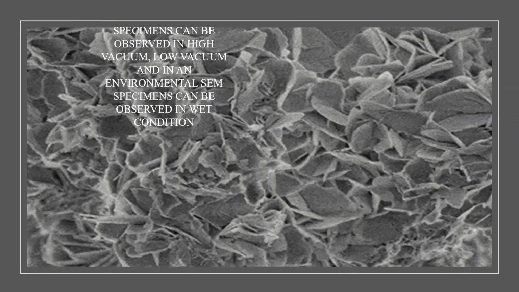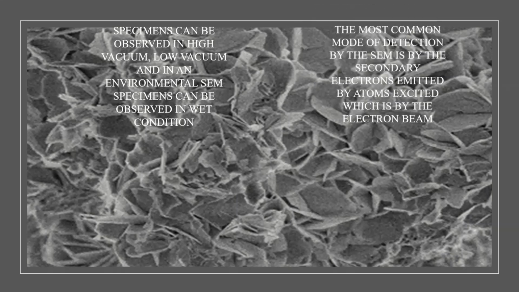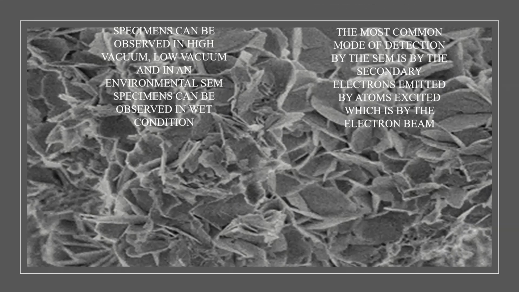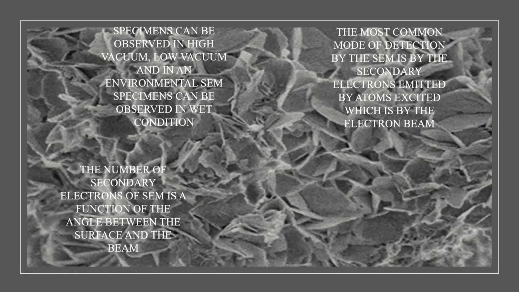Specimens can be observed in high vacuum, low vacuum, and in environmental SEM, specimens can be observed in wet conditions. Second, the most common mode of detection by the SEM is by the secondary electrons emitted by atoms excited by the electron beam. Third, the number of secondary electrons in SEM is a function of the angle between the surface and the beam.